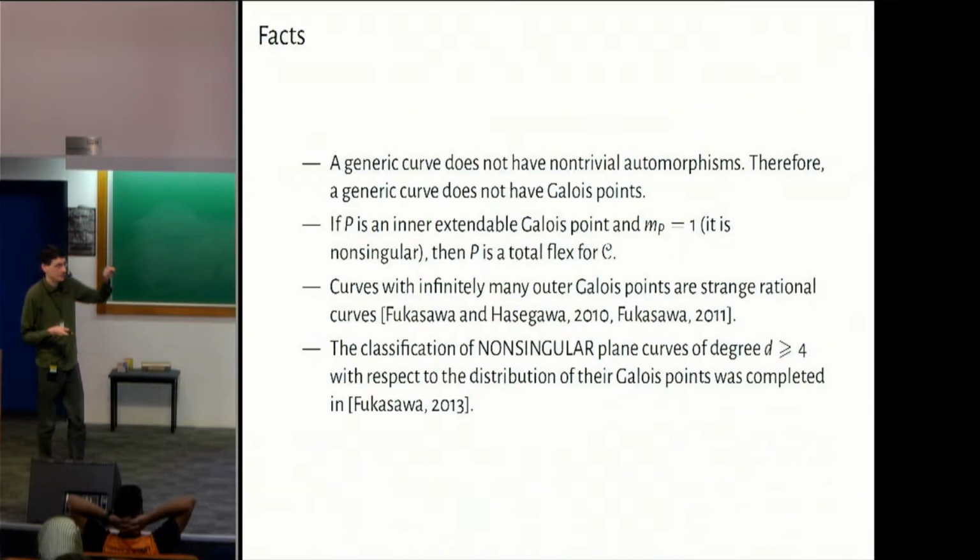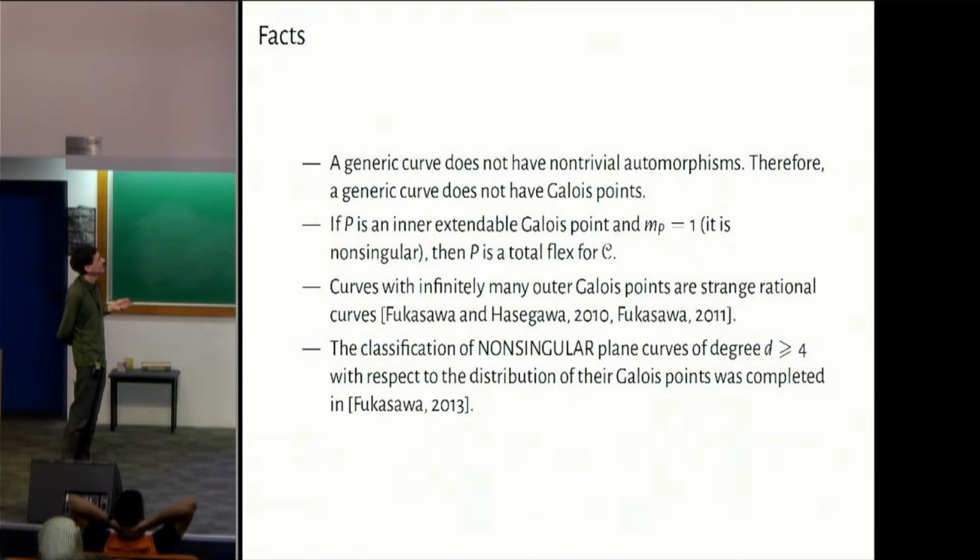When this happens, we say that the curve C is strange. We know everything about Galois points for non-singular plane curves. This was finished by Professor Fukasawa in 2013.